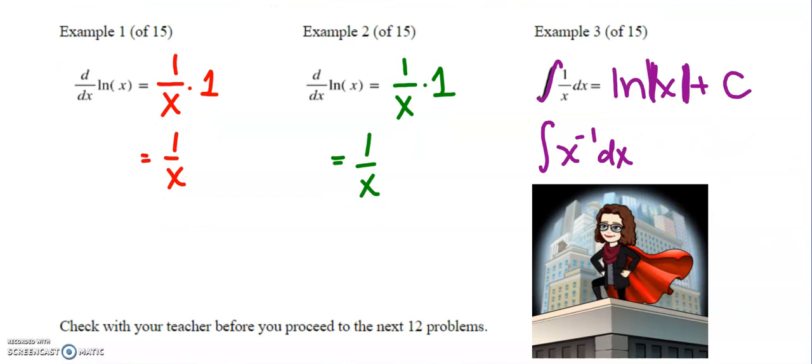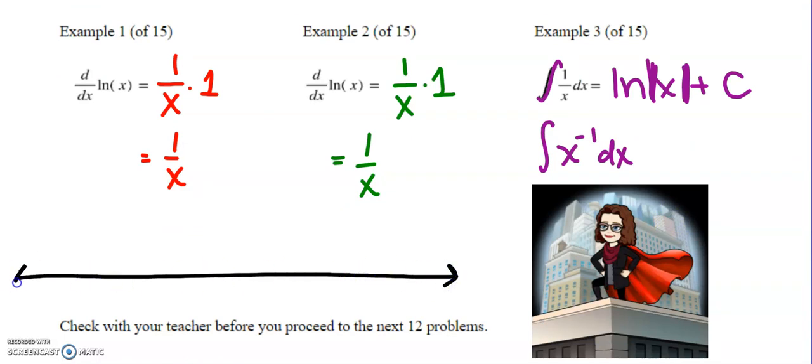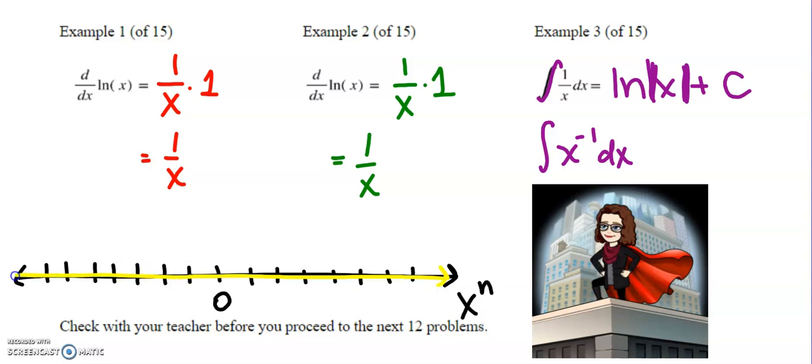All right, so in thinking about this, I like to view numbers on a number line. So if I have a number line that represents x to the nth, everywhere along that number line, negative numbers, 0, positive numbers, everywhere along that number line, I get to use the power rule.